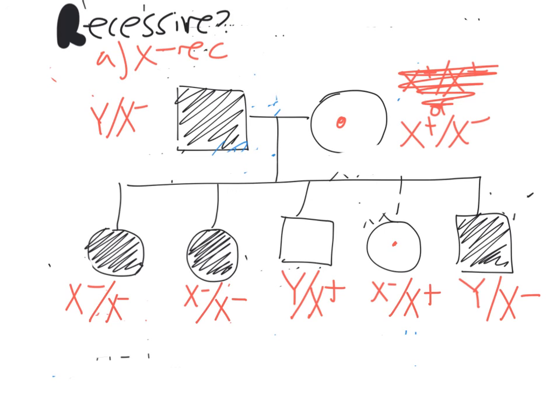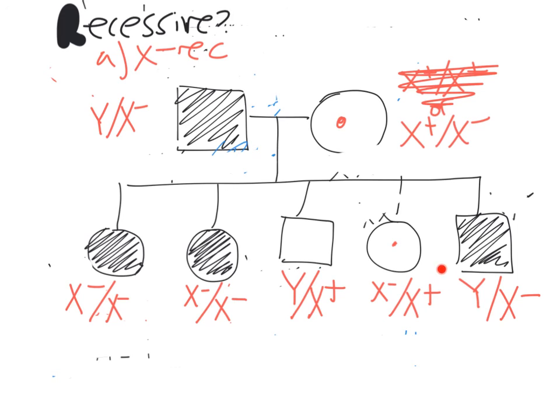So if it's X-linked recessive, the dad that's affected shows it because that's the only X chromosome he has. And with the unaffected daughter, the wild type is dominant.